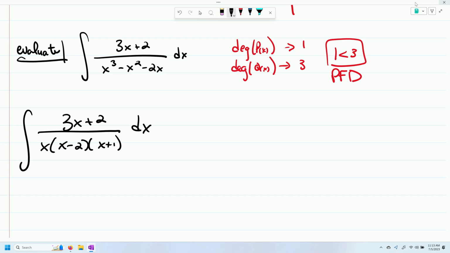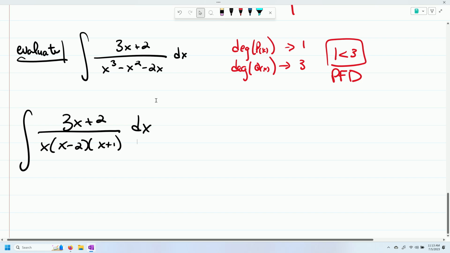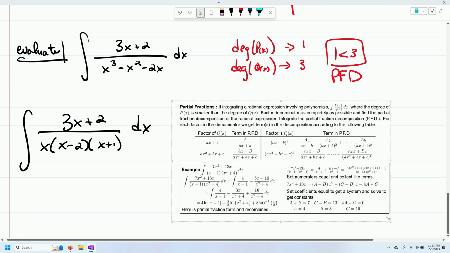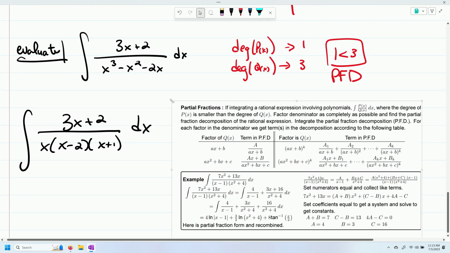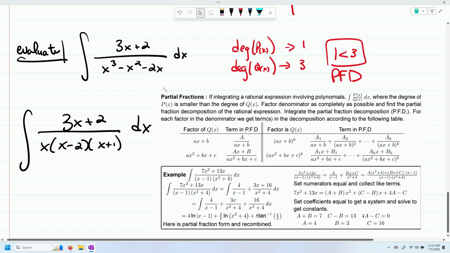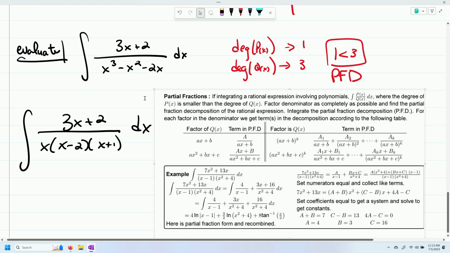But here's where the big thing kicks in, and I hope I have enough room right here. And there it is. This is going to help us to determine what we do. All right? This is taken directly from Paul's online notes. I just copy and pasted it.